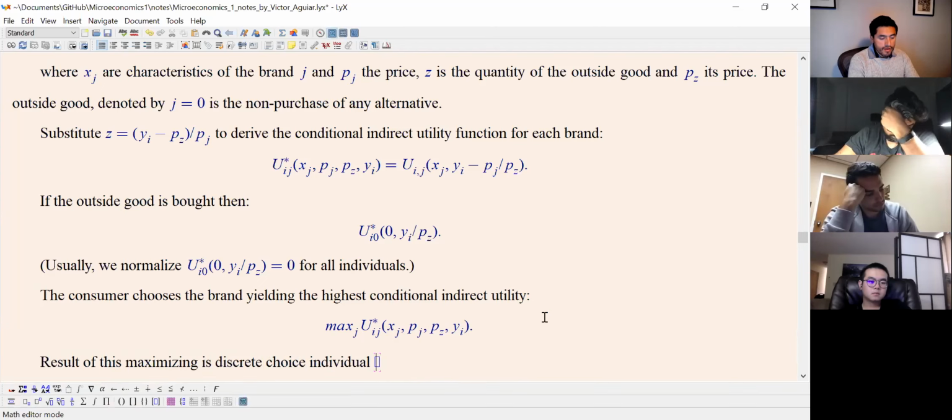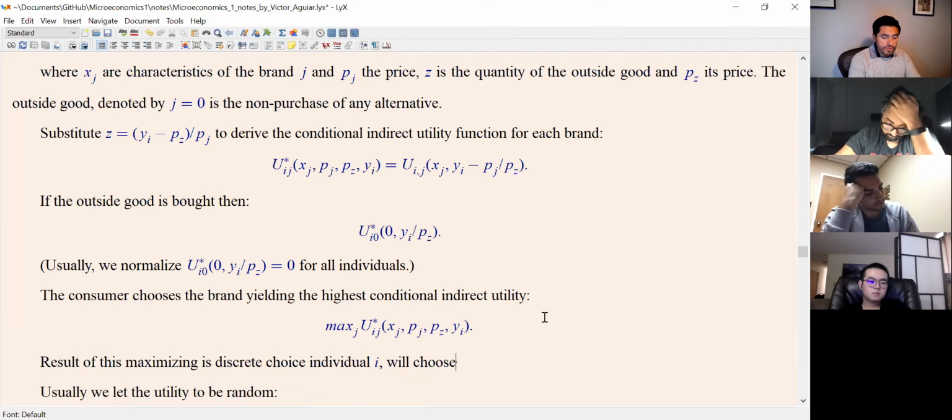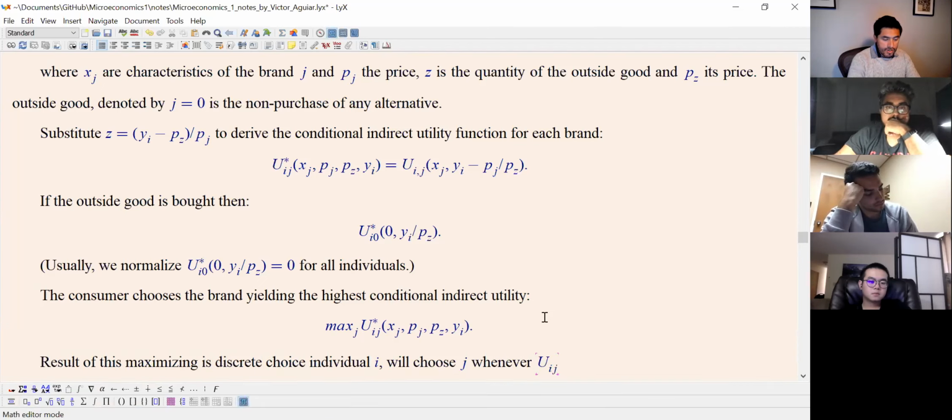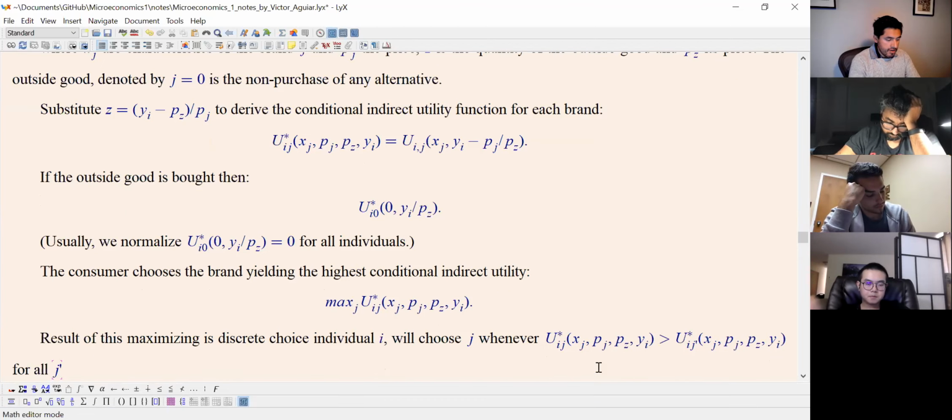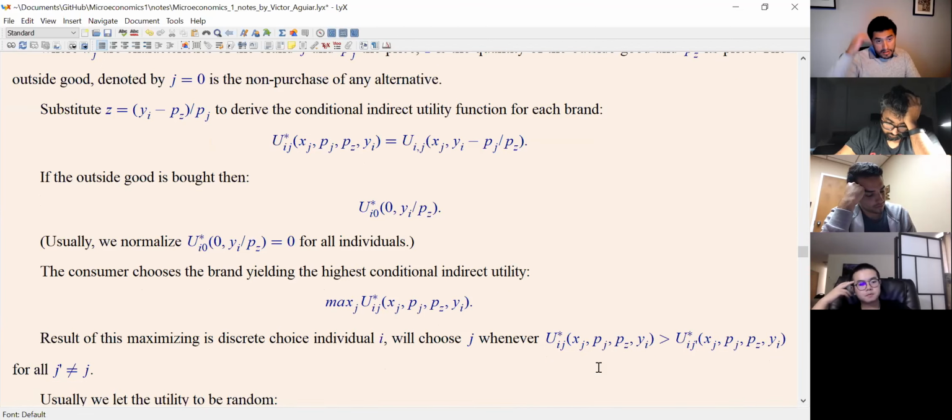So individual i will choose J whenever U_ij star is greater than or equal to, in this case let's do a strict inequality, U_ij prime star for all J prime different than J. Okay? So this is just a binary choice. You choose J whenever this happens, else you don't.